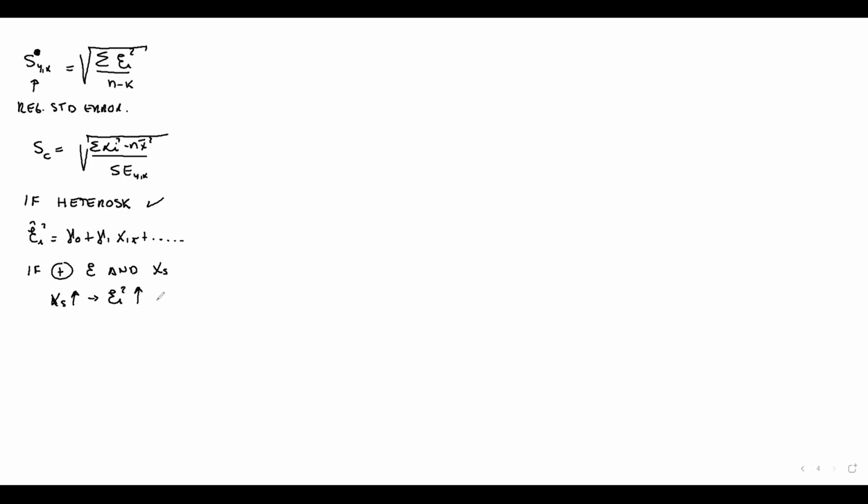Now, if this one increases, what happens with the standard error of y? The standard error of the regression, this one here. If this part increases, all this part here increases. Do you agree? Guys, are you following? Yes. Okay, so this one increases. Now, what is the issue if this one increases on the standard error of the constant?